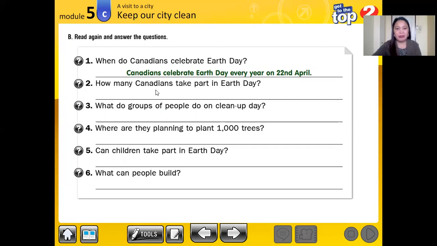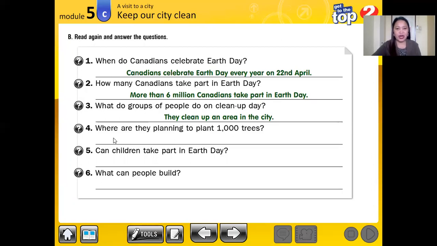Number 2: how many Canadians take part in Earth Day? More than 6 million Canadians take part in Earth Day. Got it? Question 3: what do groups of people do on clean-up day? They clean up an area in the city.